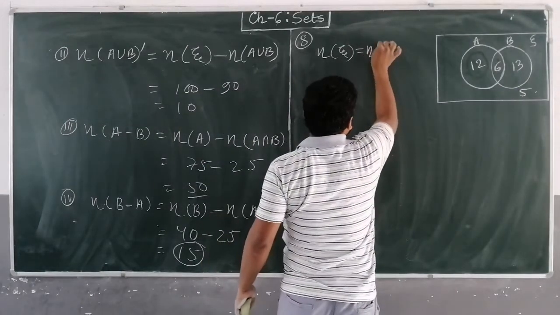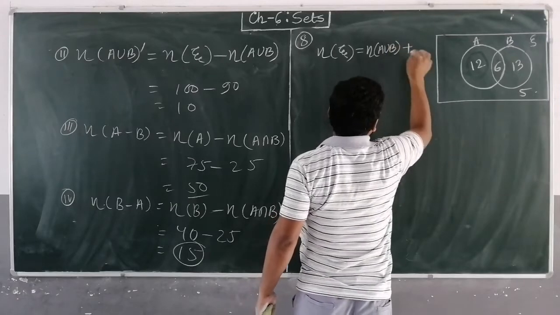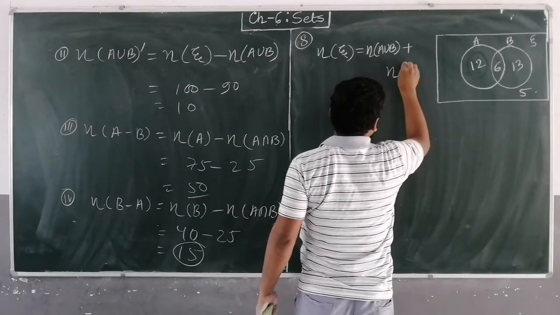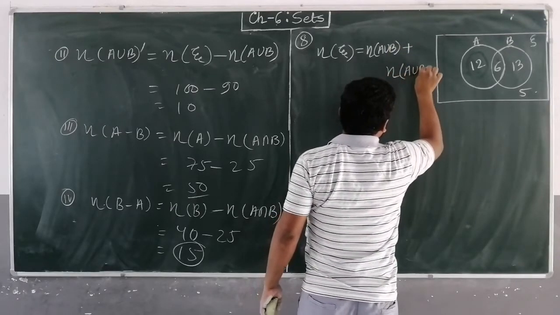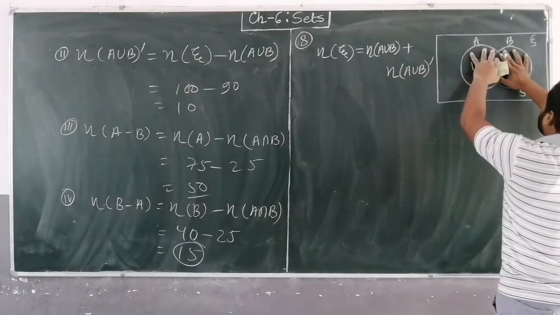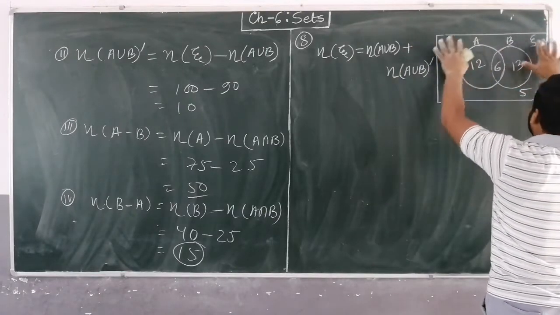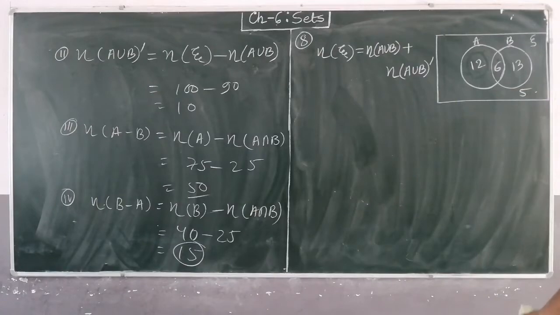So you can say that cardinality of A union B plus cardinality of (A union B) complement. If you take A union B, this part, and its complement, meaning outside, then inside plus outside will be the universal set.